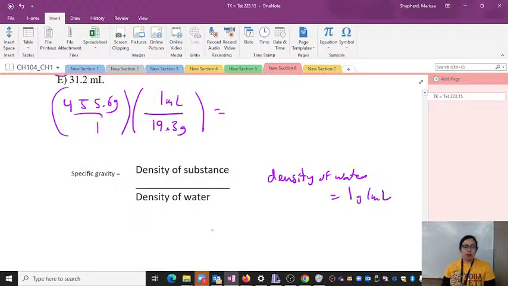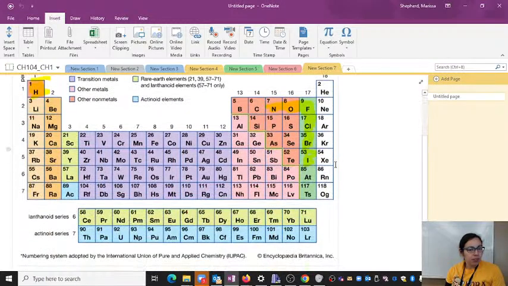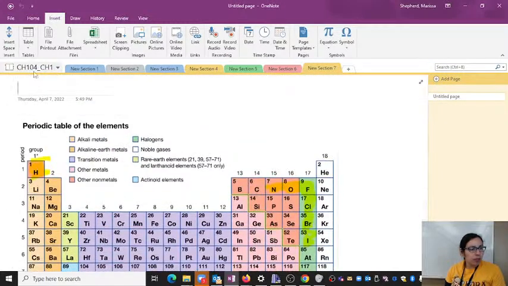If you're comparing a density to that, you would just divide by those and get the same factor. This is just more for your knowledge. All right, I think that was the tail end of chapter 1.